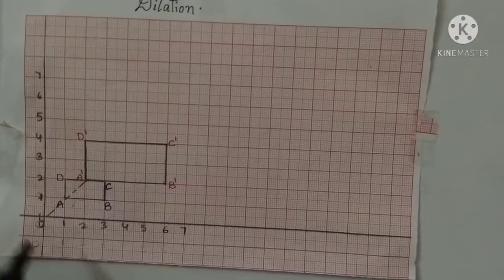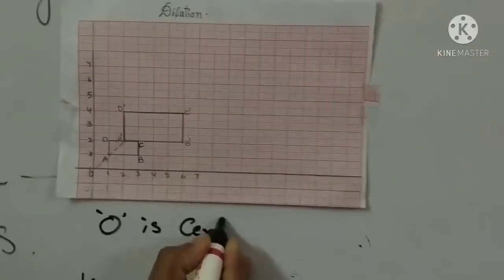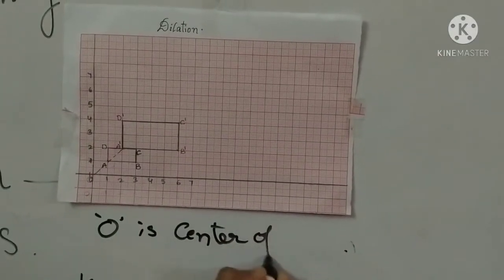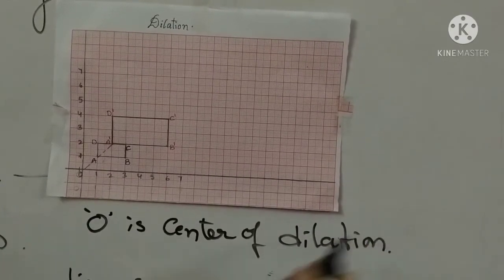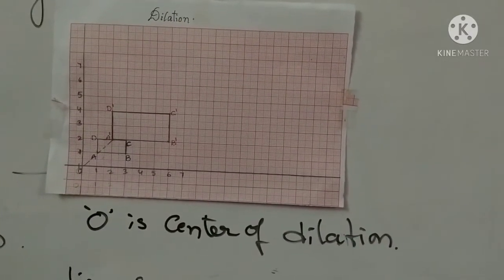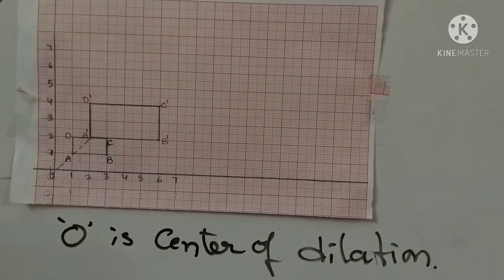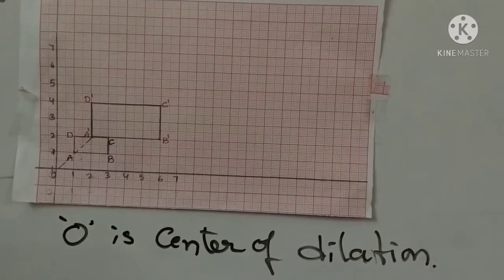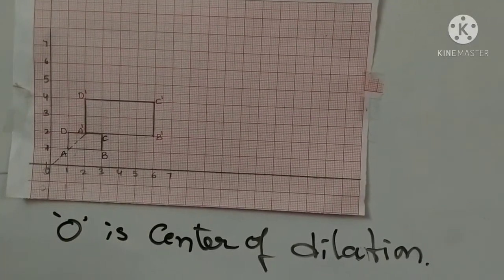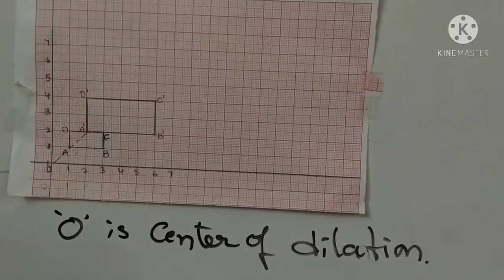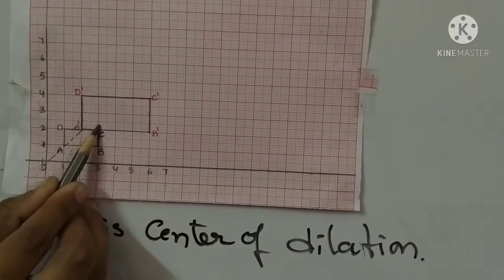O is the center of dilation. Now join A to the center of dilation, and once I draw A dash, it is a smaller figure and that is an enlarged figure.